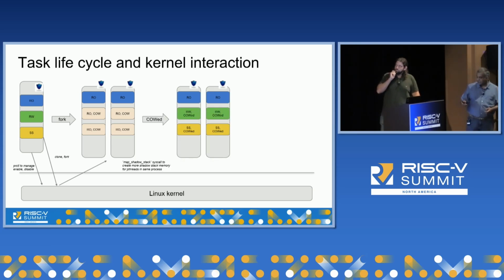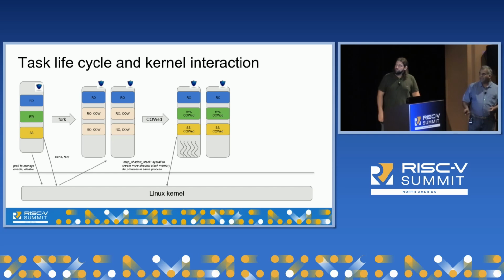Now with shadow stacks, we have to do something similar for the shadow stack memory as well: when a process forks, we have to turn it into a read-only region and use the page faults created on access to a read-only region in order to create a copy of the shadow stack for the child.